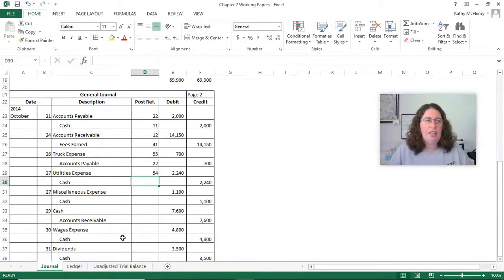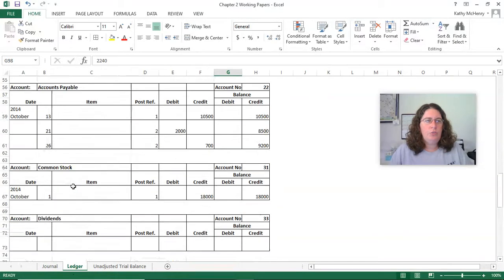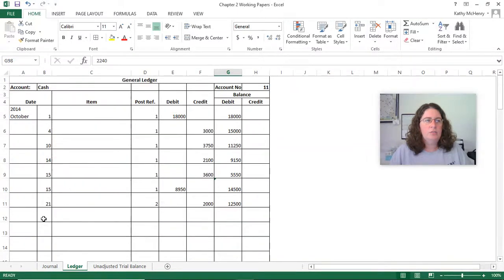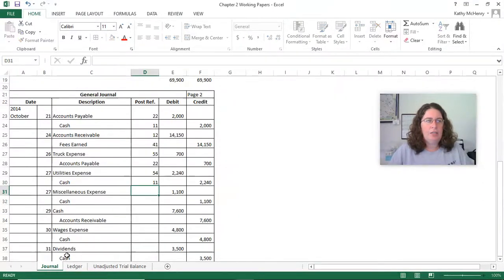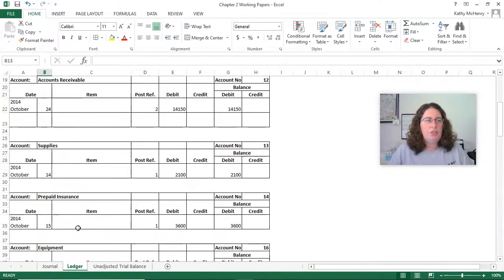A credit to cash on the 27th for $22.40. So our debit minus our credit. Taking 11 back to our journal. On the 27th, a debit to miscellaneous expense for $1,100.